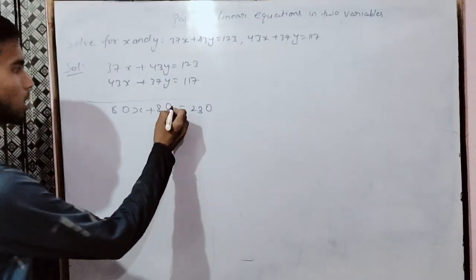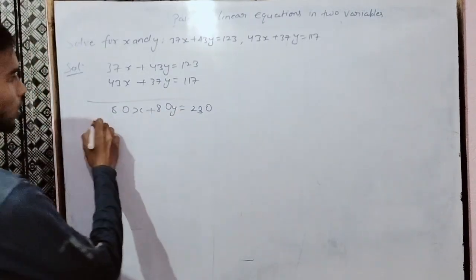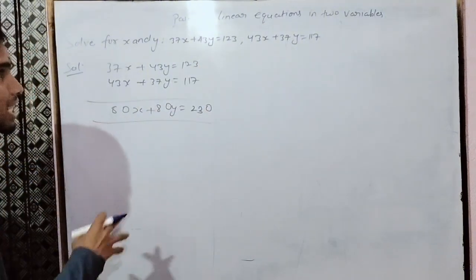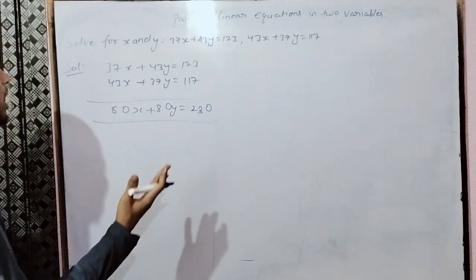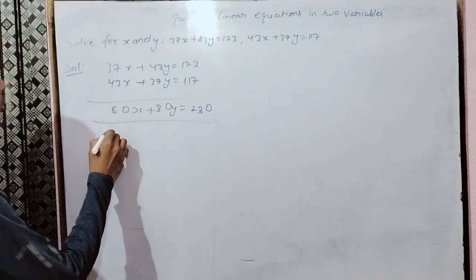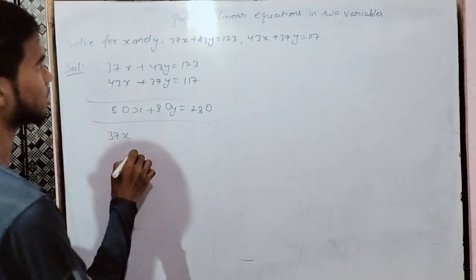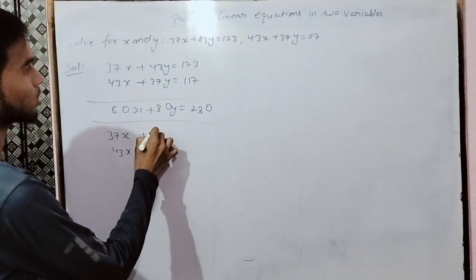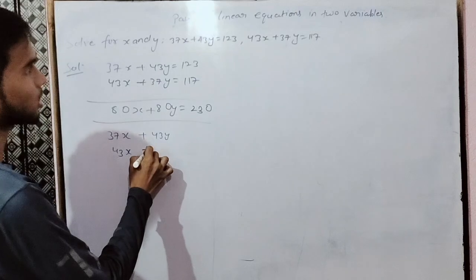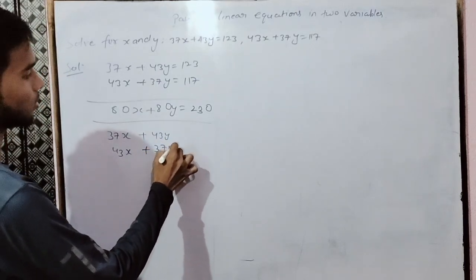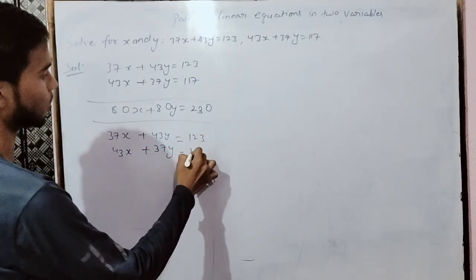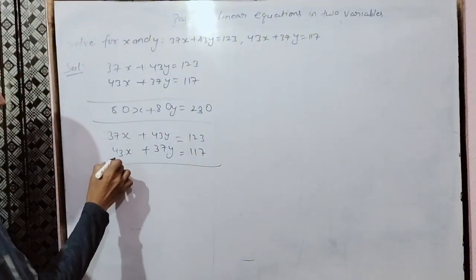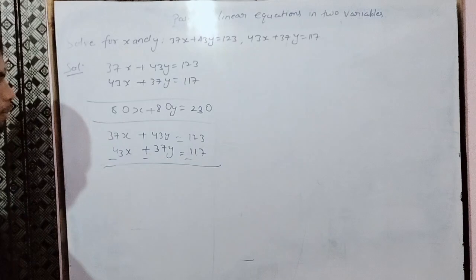Yes, this is correct, but here it is y. Now we have added both linear equations. Now it's time to subtract both linear equations from each other. So 37x, 43, 43y, 37y, 123, 170. So here we are subtracting. As you know, this will happen.